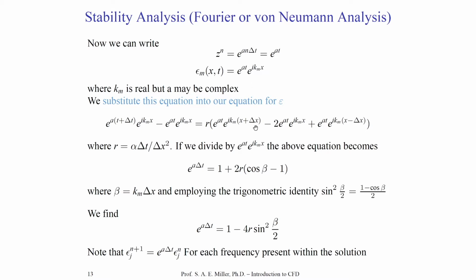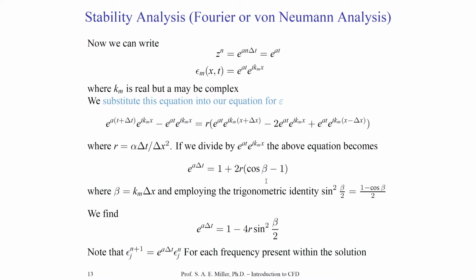Now, through these substitutions into the original discretized form, you'll see that there's a common factor, and that's e to the a t, e to the i k_m x. Then, if we divide through the above equation, we'll find e to the a delta t is 1 plus 2r, which is alpha delta t over delta x squared, times the cosine of beta minus 1. So we made a bit of a simplification here after this reduction.